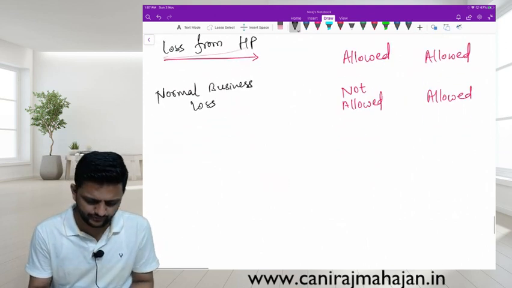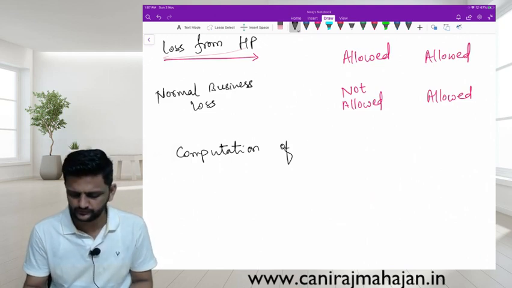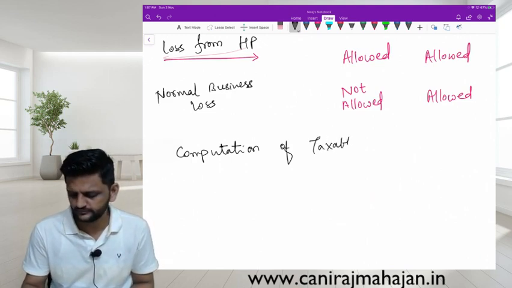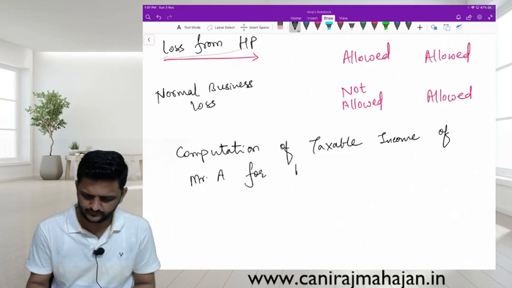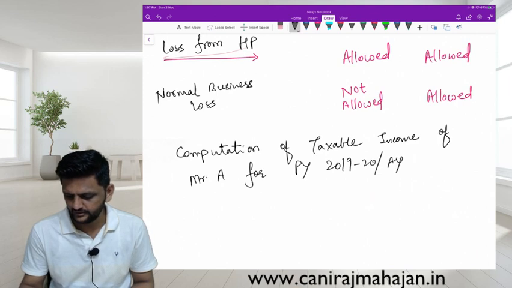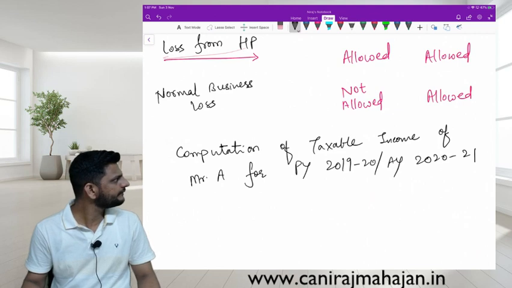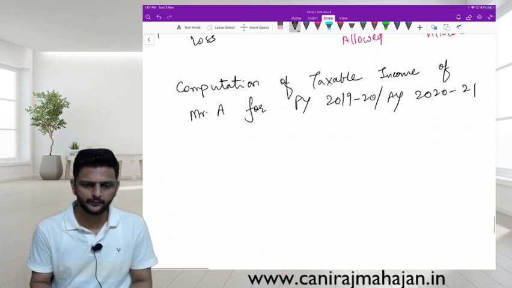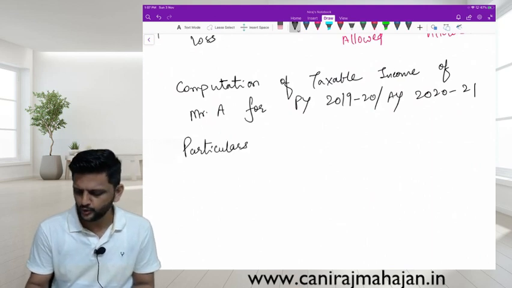So write down computation of taxable income for PY 2019-20, AY 2020-21. Done? Particulars. Rupees.